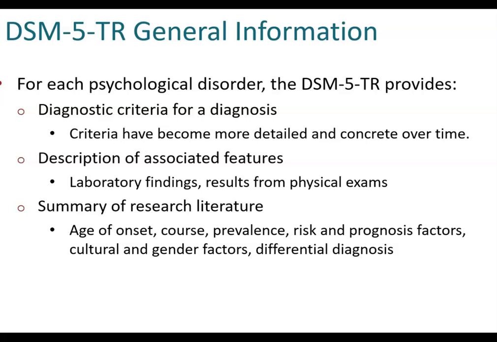And the DSM-5 also provides description of associated features according to laboratory findings and results from physical exams. It gives a summary of the current research literature in the field.